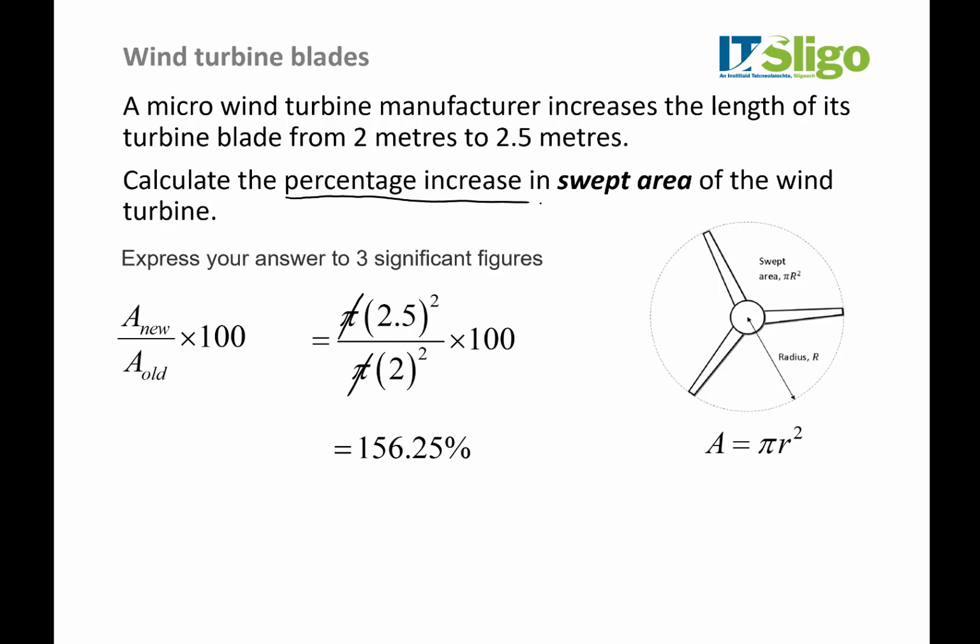So the original turbine was 100% plus. So the percentage increase is 56.25. So just be very careful with that. So percentage increase 56.3 when we go to 3 significant figures.